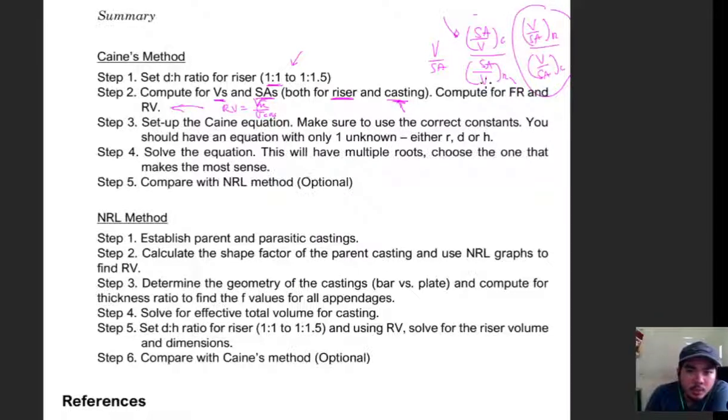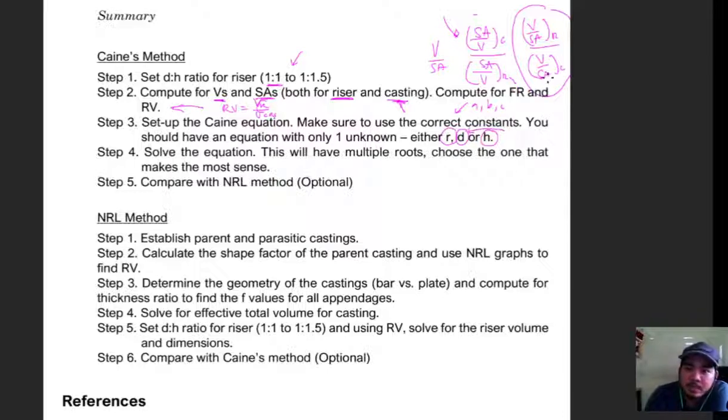Okay, so once you have set up the JB Caine equation, then you make sure to use the correct constant depending on the material you have chosen. And again, itong constants na to, yung A, B, and C, can be found in the tables, no? Okay, so you should have an equation where you are left with only one unknown, and you can either choose, pwedeng in terms of R, in terms of D, or in terms of H. I like to use yung diameter, no?